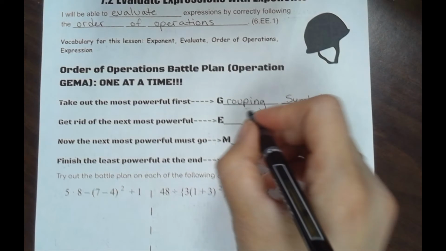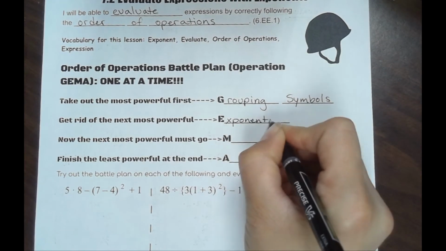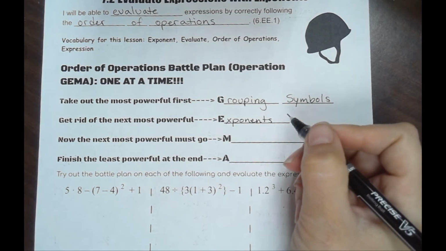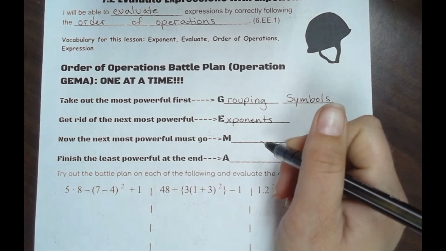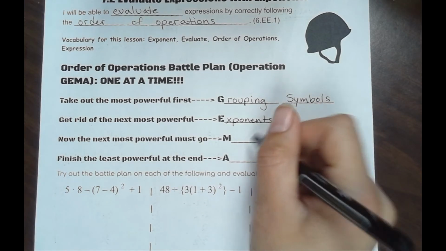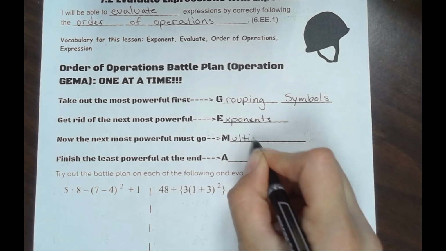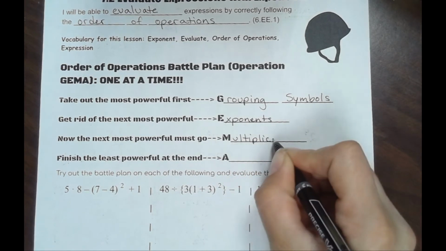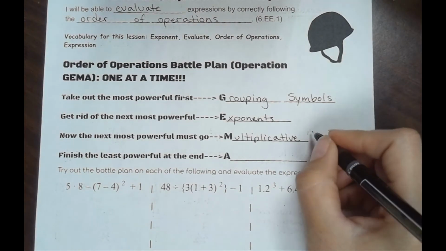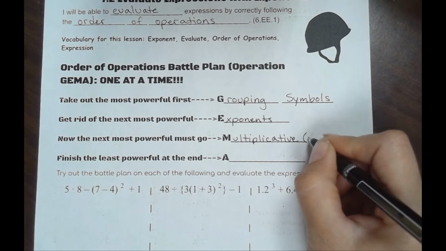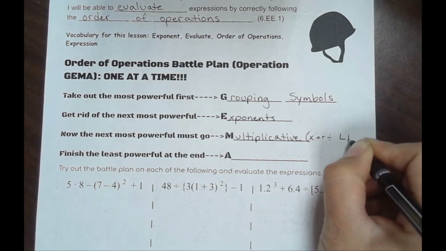So the next most powerful would be your exponents. Think about it. What is more powerful? Multiplying something over and over and over again, or adding something over and over again? That's why exponents are more powerful than the next one. So multiplicative, okay, remember that multiplicative means multiply or divide left to right.